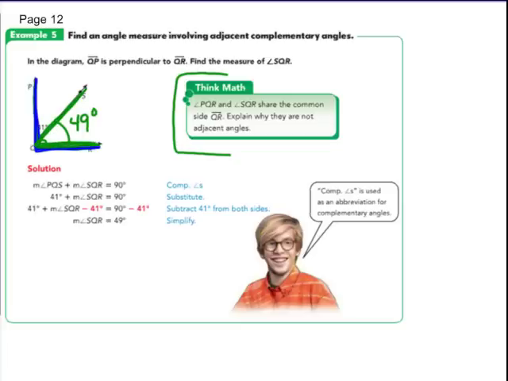But if they had said PQS, like here, PQS and SQR, those are adjacent because PQS would be this red part here, and the red one and the green one would be adjacent. But having the larger blue one and then slicing an angle inside of it, that's not adjacent angles. So that's what they're trying to point out here in this little think math idea.